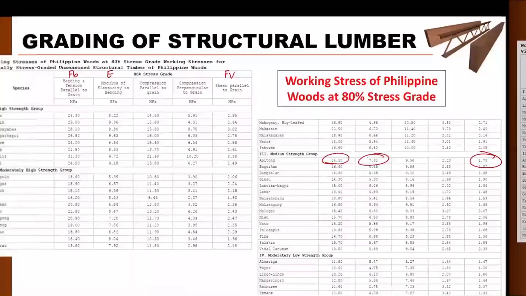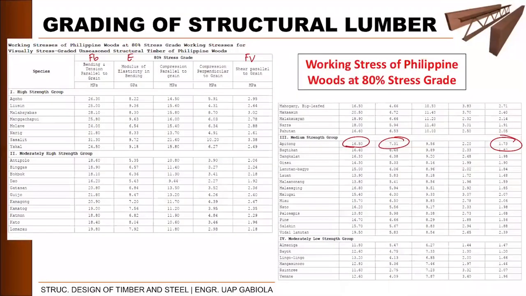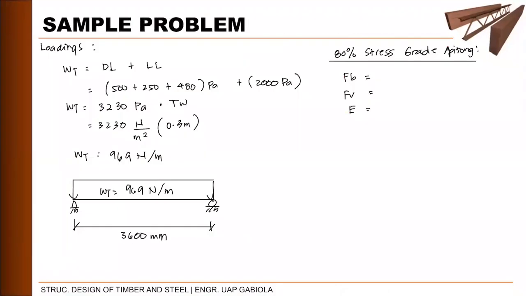So, let's have that dito sa ating, yeah. So, we have 16.5 MPa. We have 7.31 gigapascal. Okay? Sa modulus of elasticity pala yun. So we have 7.31 GPa. Then we have a shear na 1.73 megapascal.